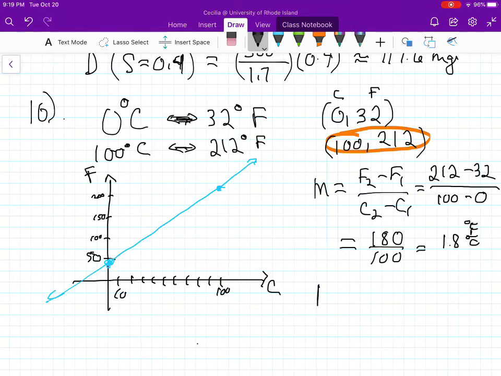All right, so we're going to write that the Fahrenheit, right, because we want a function of Fahrenheit given in terms of Celsius. And this is going to be the slope times x plus b, mx plus b form, except that we don't want to use x.